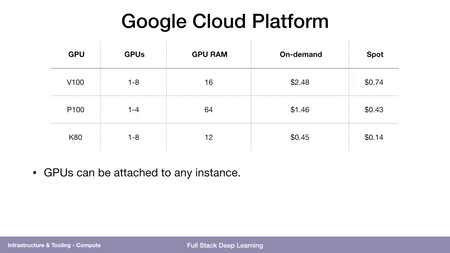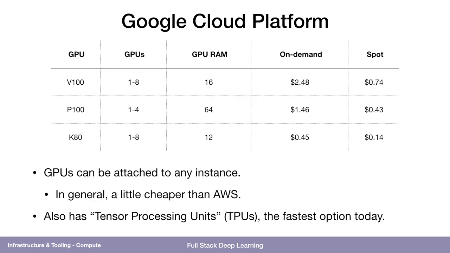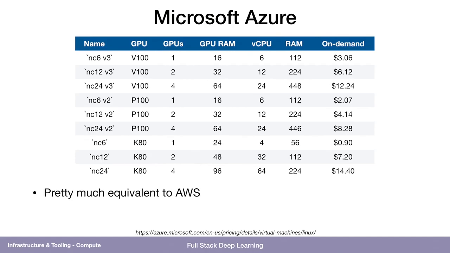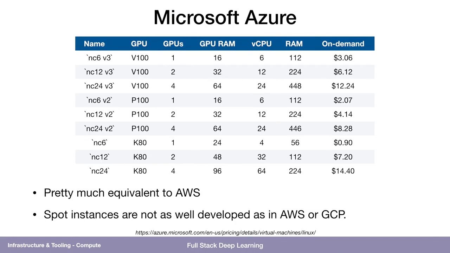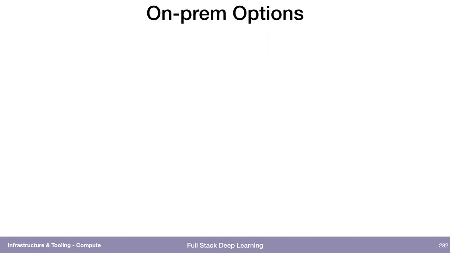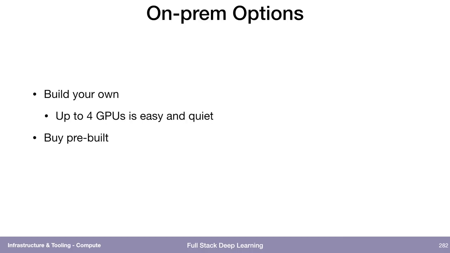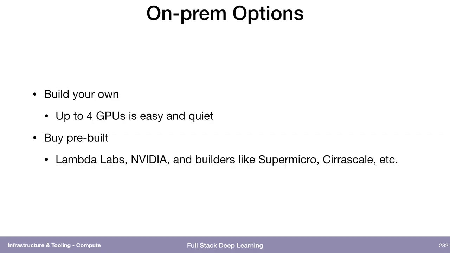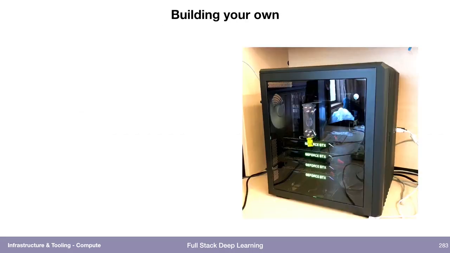Google Cloud is about the same. It's a little cheaper. Microsoft is about the same. They also have the P100. On-prem, you have choices between building your own, which is actually pretty easy, and it's a quiet machine. If it's 4 GPUs or less, you can buy pre-built: Lambda Labs, Nvidia, and then server makers make GPU machines.